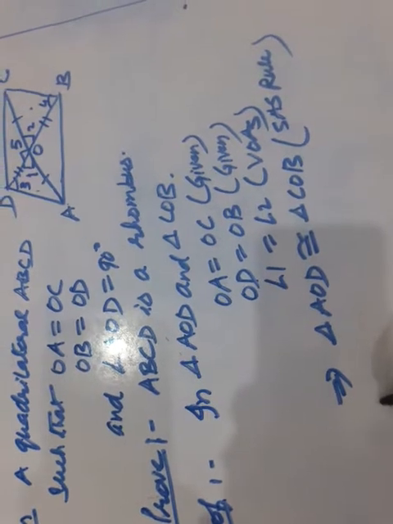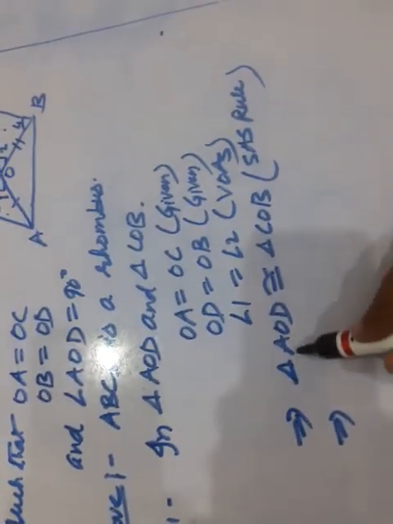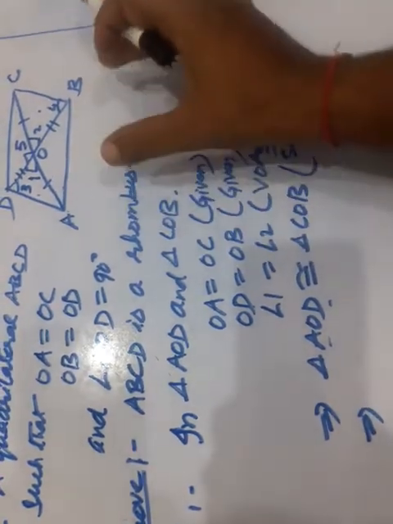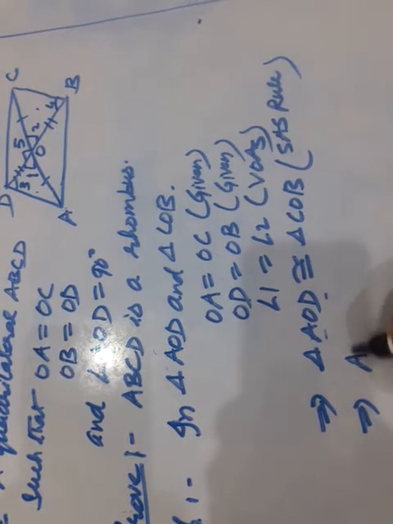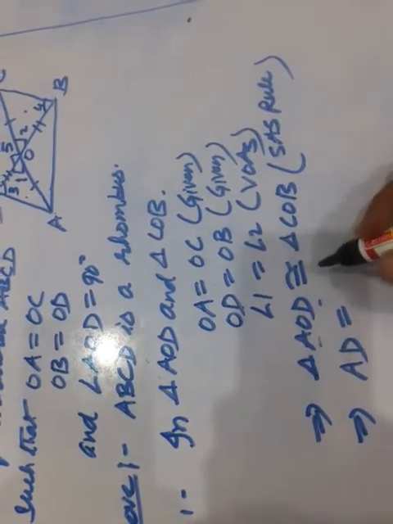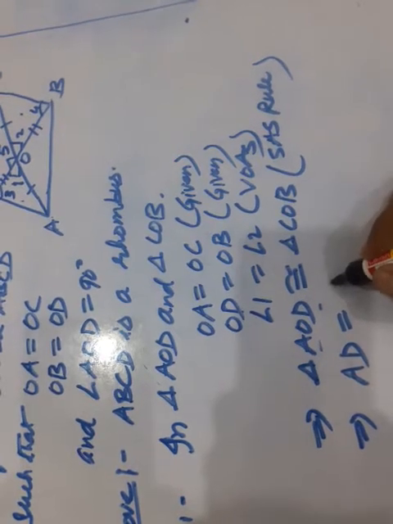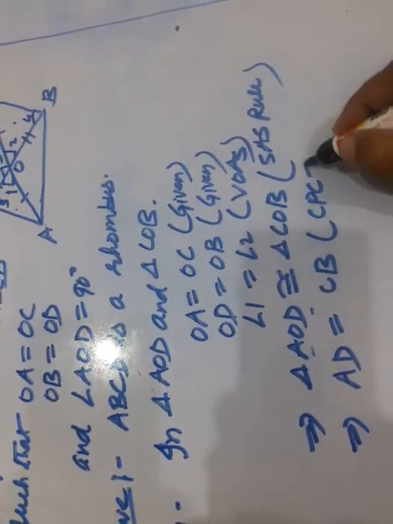Now from here, see, some corresponding parts are there. You know that ABCD is a quadrilateral. This implies that AD equal to CB by CPCT.